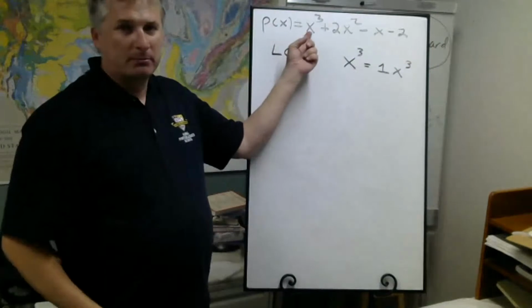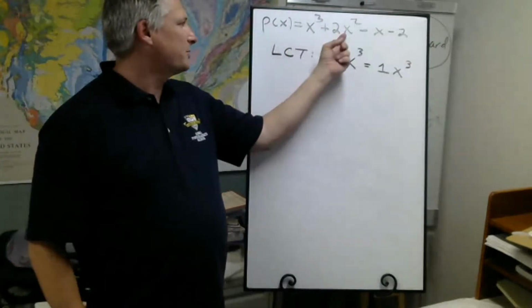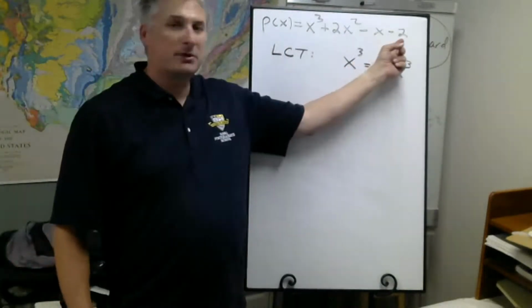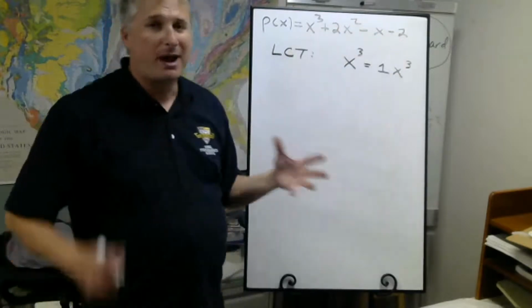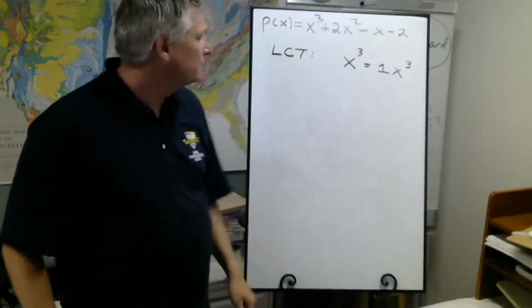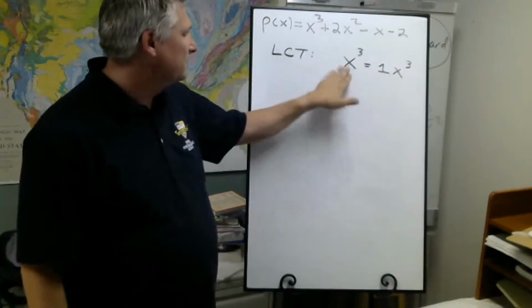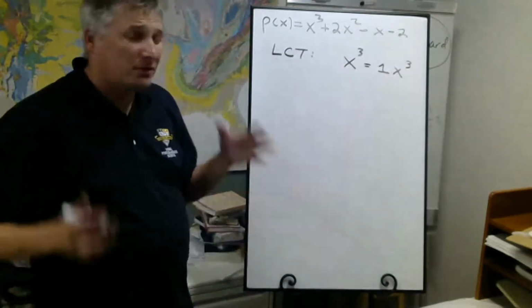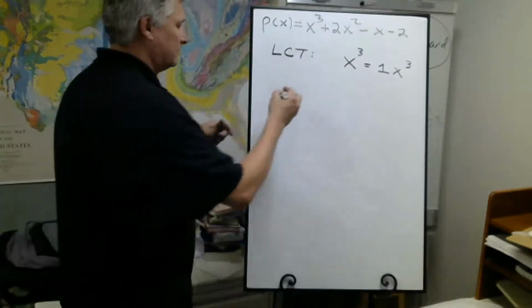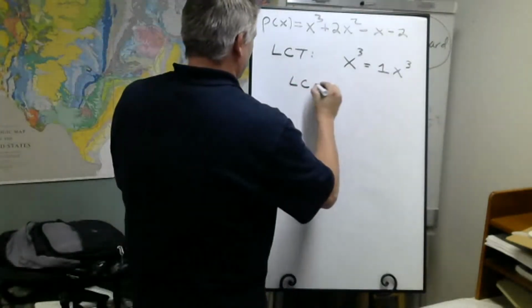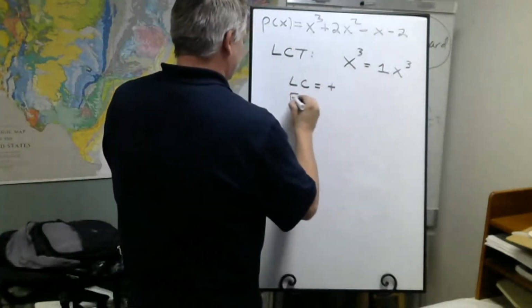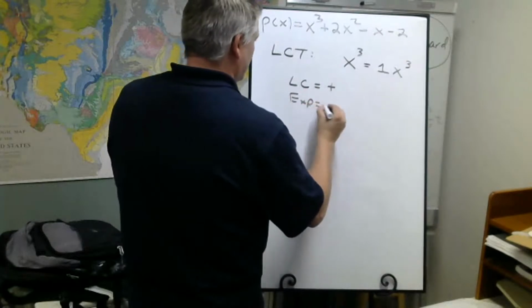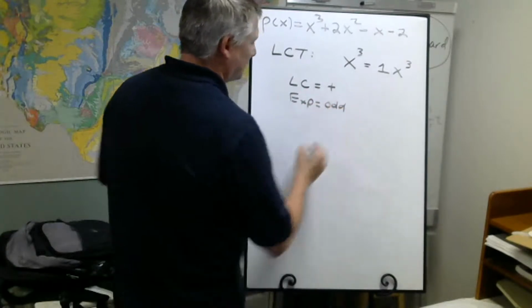So this is our lead term because this is the degree 3, degree 2, degree 1, degree 0. The term with the highest degree is the lead term. So that's x cubed. X cubed is just 1x cubed, same thing. So the lead coefficient is positive and the exponent is odd.